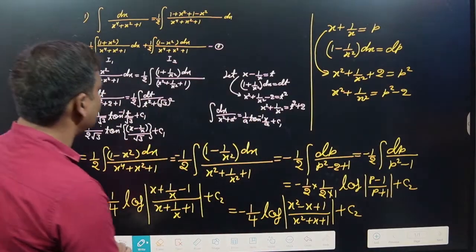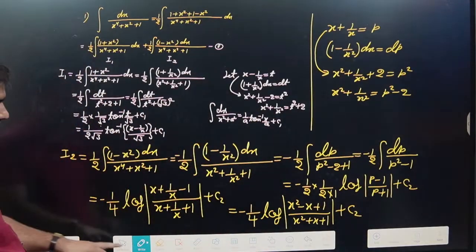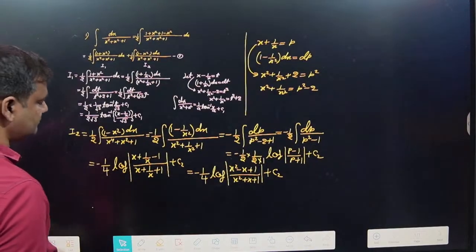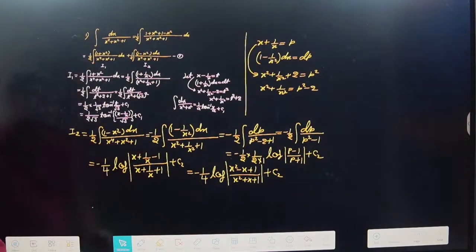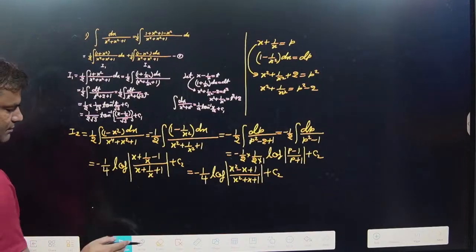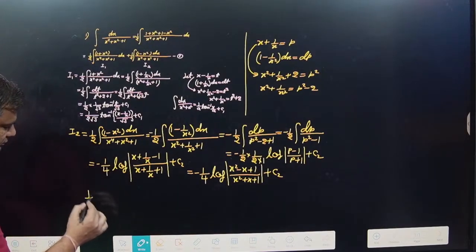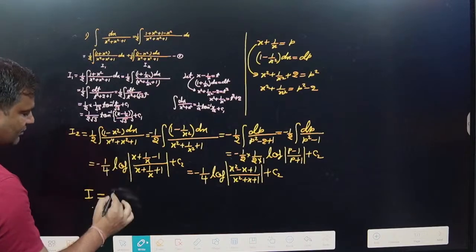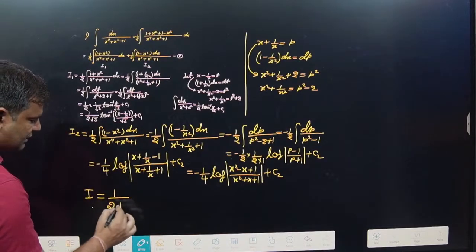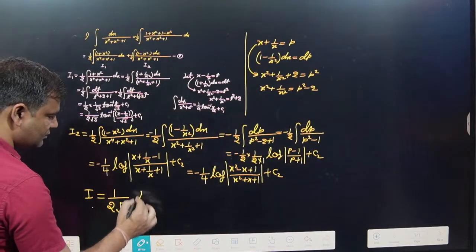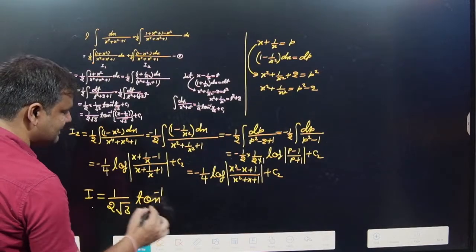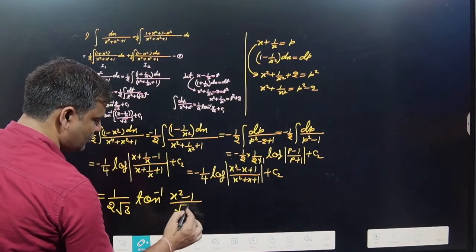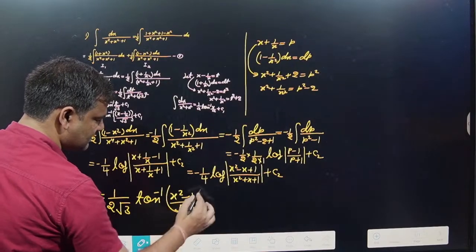Now these two values put in equation number 1. Okay. So I is how much? I1. I1 is basically 1 upon 2 root 3 into tan inverse, what about that value? (x square minus 1) upon root 3 into x.